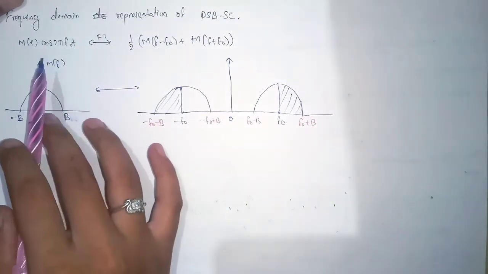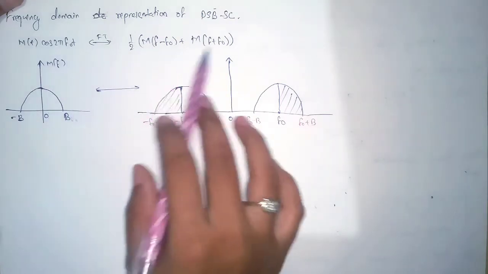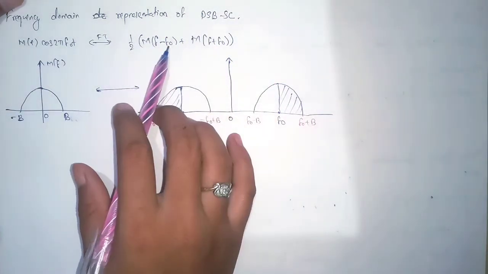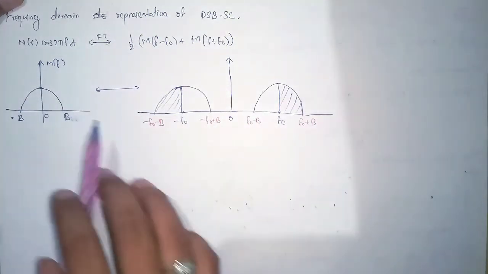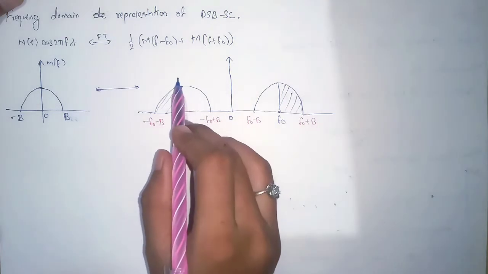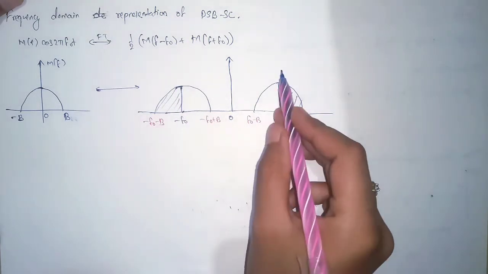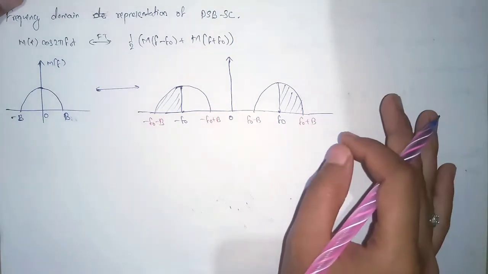As we said, according to the frequency shifting theorem of Fourier transform, this signal will get shifted like this at the frequency f naught, minus f naught and plus f naught. So this is the signal, and after getting shifted it will look like this. Here you can see there is no discrete representation of any signal, which represents that there is no carrier signal in this.